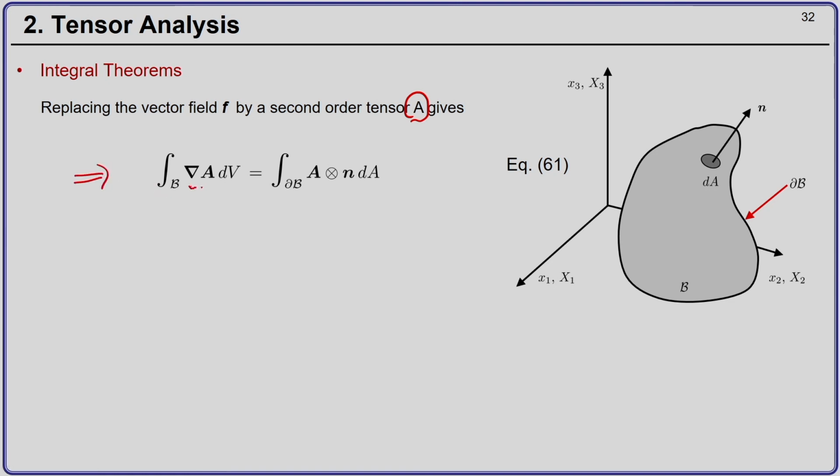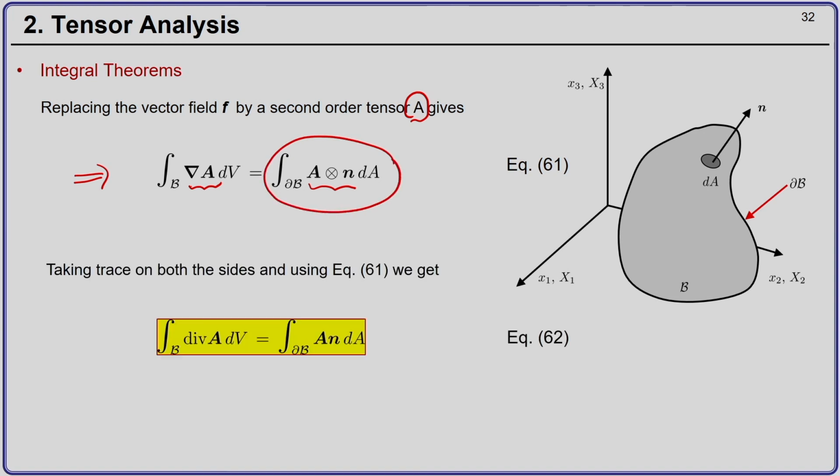The gradient of the tensor field A integrated over the entire volume will be A tensor product n integrated over the entire surface. Now, again if you take the trace on both the sides, you will get divergence of A integrated over the entire volume will be equal to A n integrated over the entire surface. So, that is how you can connect the volume integrals to the surface integrals.